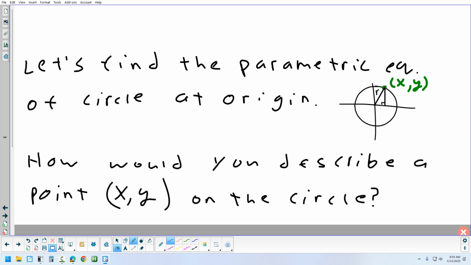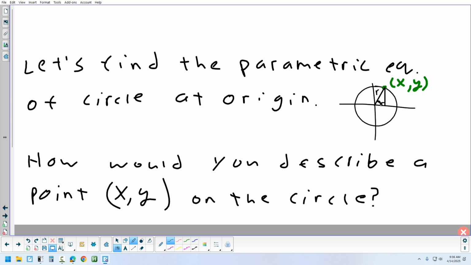That has to stay 90 all the time. That r has to stay the same all the time. So what would change in that triangle to make that point start moving to a different location? Yeah, the two legs are going to change, and the two legs are going to be controlled by that angle right there.